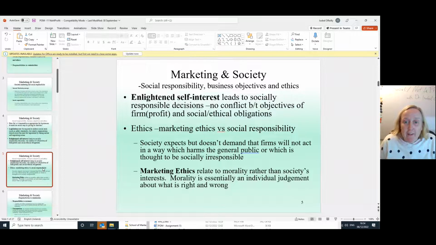When we talk about marketing ethics versus social responsibility, obviously there is an awful lot of overlap, but society expects but does not demand that firms will not act in a way which harms the general public or which is thought to be socially irresponsible.